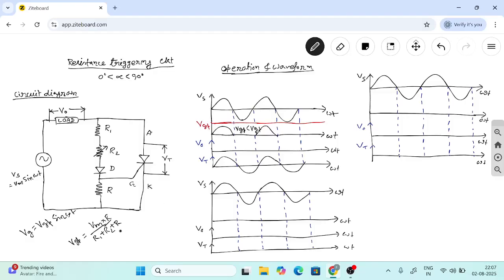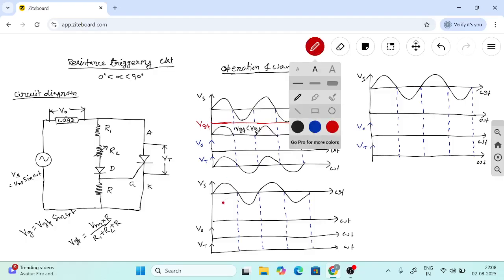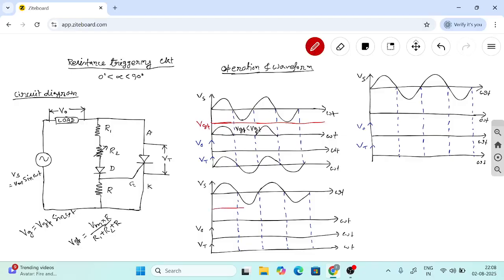And if we decrease the resistance R2, VGP, gate peak voltage, that is the peak voltage across R, will be increased, and whenever it reaches the gate triggering voltage of SCR, SCR will be turned on. This is the gate triggering voltage VGT.